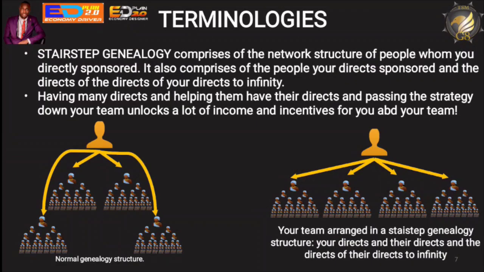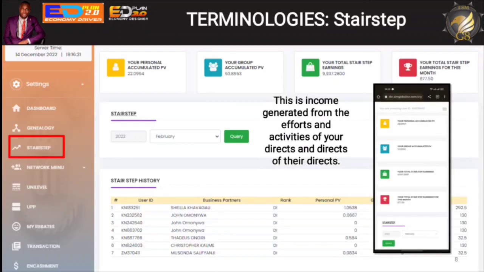That is how it is. So another thing you have to note is that having many directs unlocks more income for yourself, okay? The more directs you have, that is the signifying factor in the business that you're doing good work, okay? Because a person who is doing good work basically means he has a bigger team. He has more directs. That is how you are able to unlock more income in the business itself, okay?